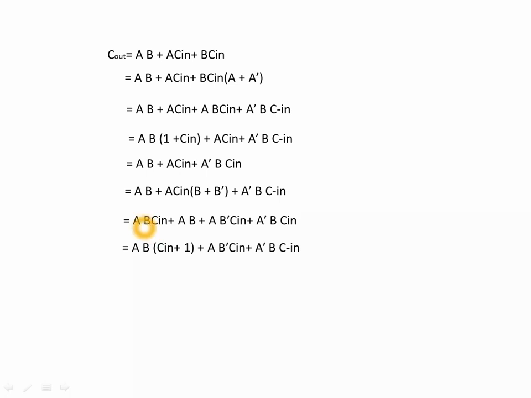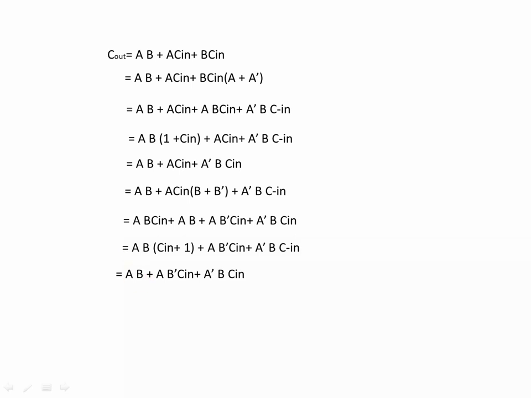When you take AB as common, here Cin and here 1, AB into Cin plus 1, plus AB bar Cin plus A bar BCin. This Cin plus 1 equals 1.